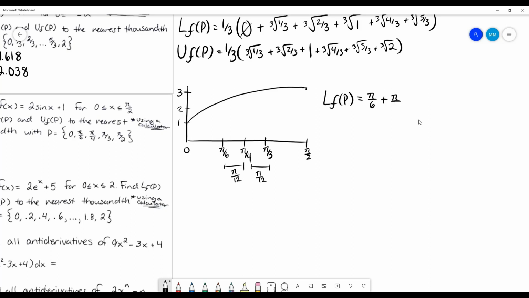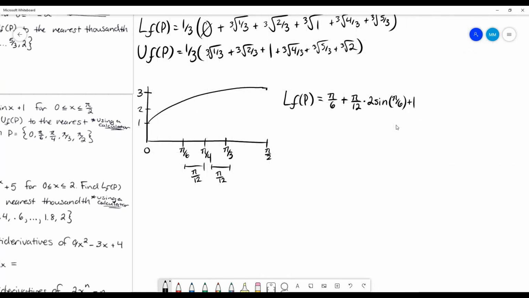So now we've got pi over 12 times 2 sine of pi over 6, because remember it's a left sum for this underestimate, plus 1. Next up, we've got this one here. So plus pi over 12 times 2 sine pi over 4 plus 1.